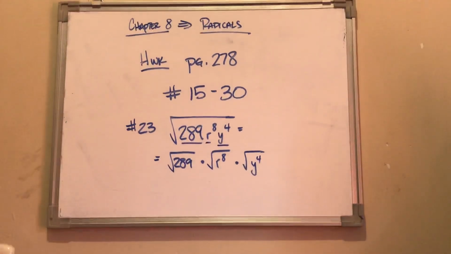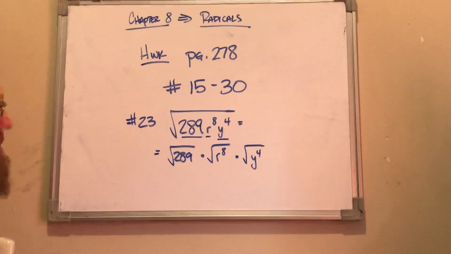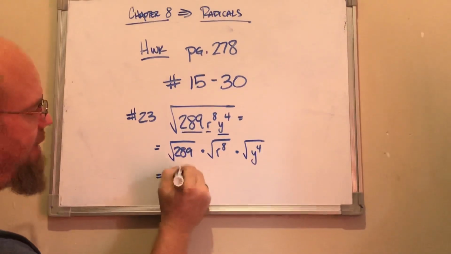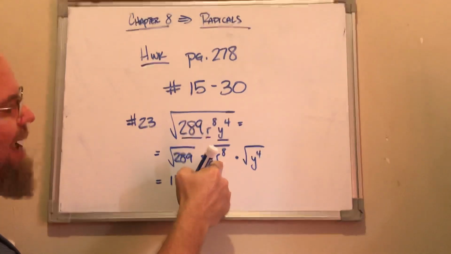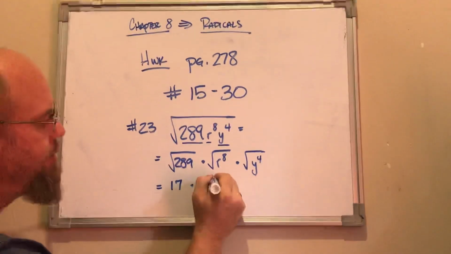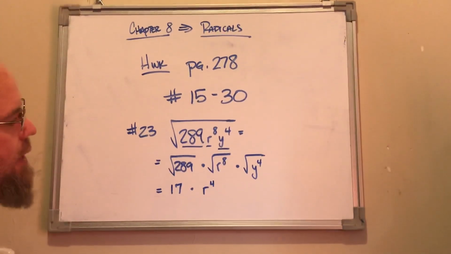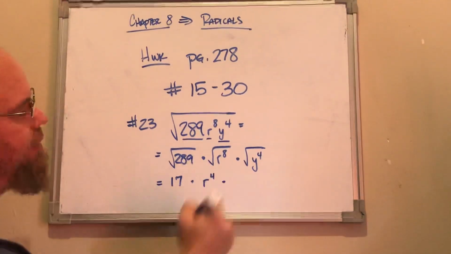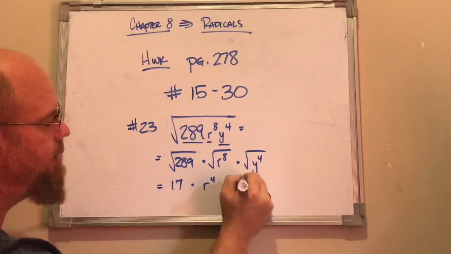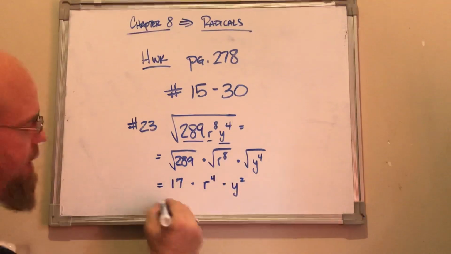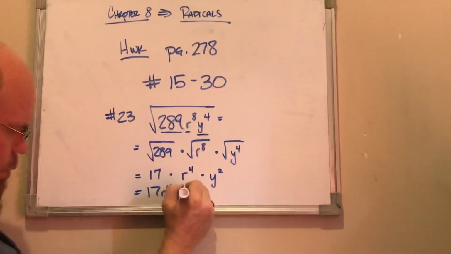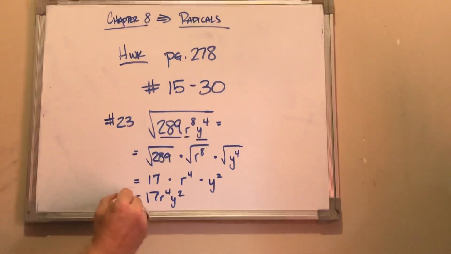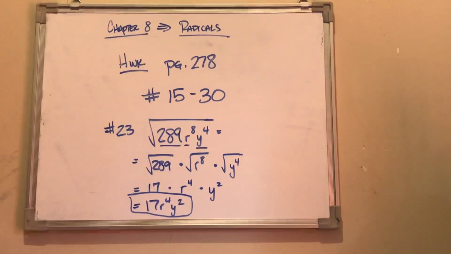The square root of 289 is 17, times the square root of r to the 8th, which is r to the 4th, times the square root of y to the 4th, which is y squared. If I multiply them all together, I get 17 r to the 4th y squared. So that is my answer.